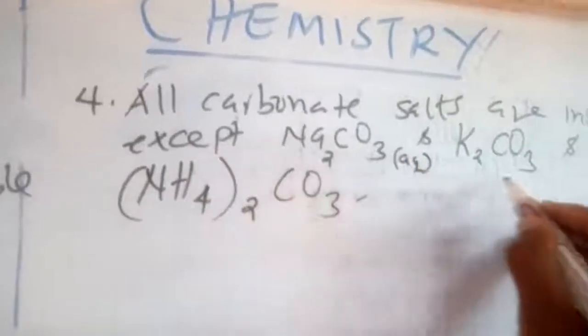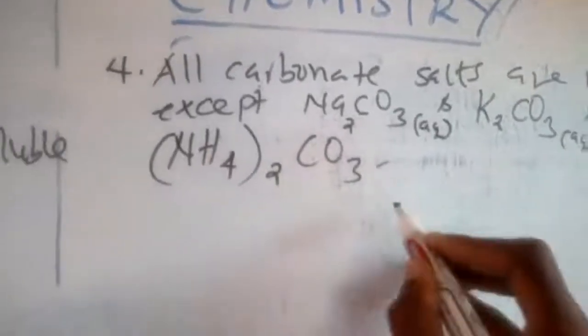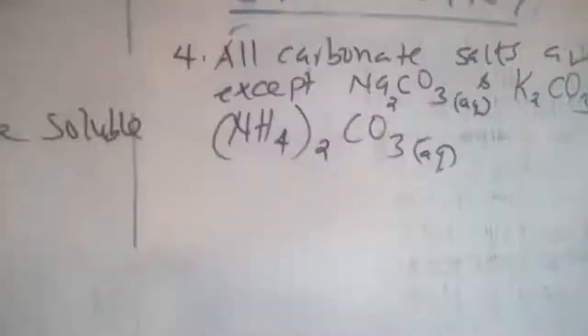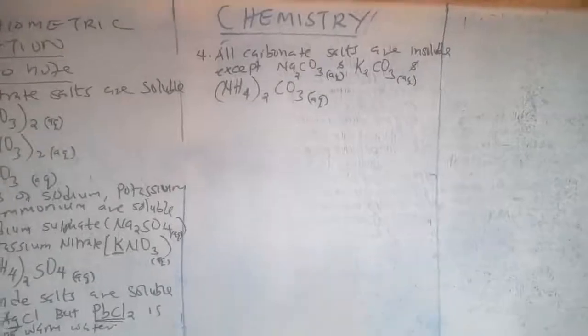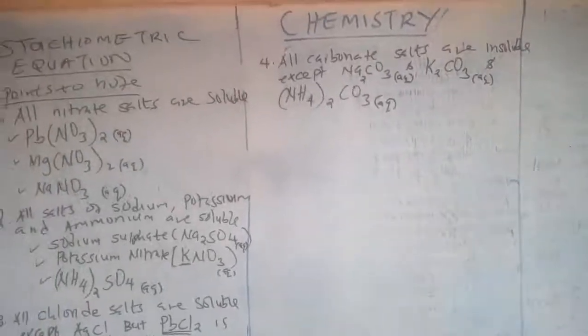So we can write these as aqueous, because after being dissolved in water they end up forming an aqueous solution, meaning they mix with water thoroughly. The compound dissociates into ions and evenly dissolves in the water, forming a homogeneous solution, that is a uniform solution.